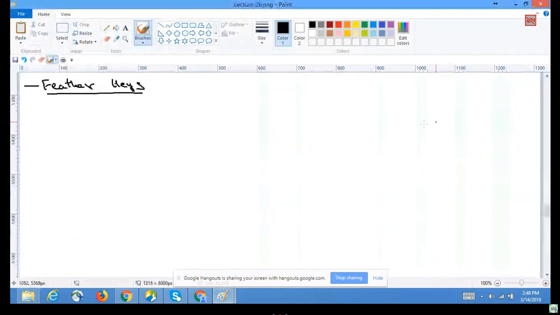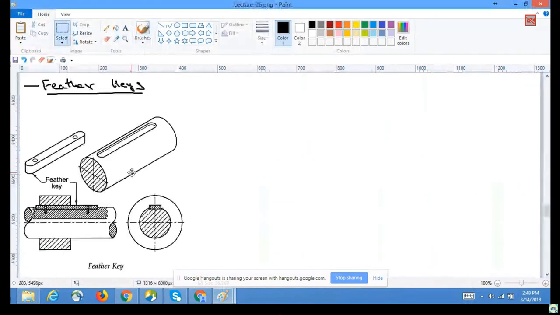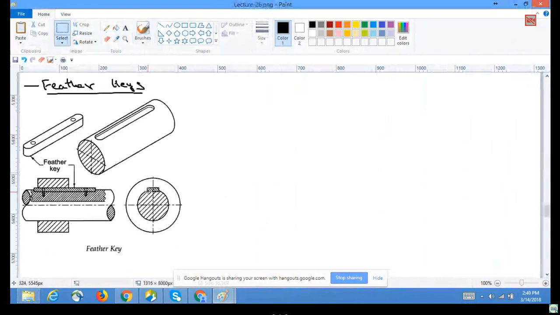So this is a kind of a feather key example. You can see that keyway is there on the hub as well as the shaft. This is the keyway on the shaft, and this is the feather key that is provided on the top.